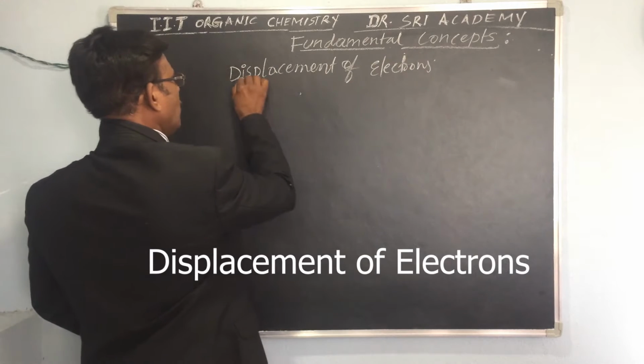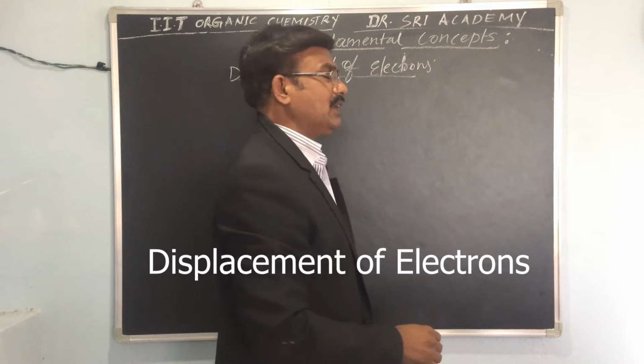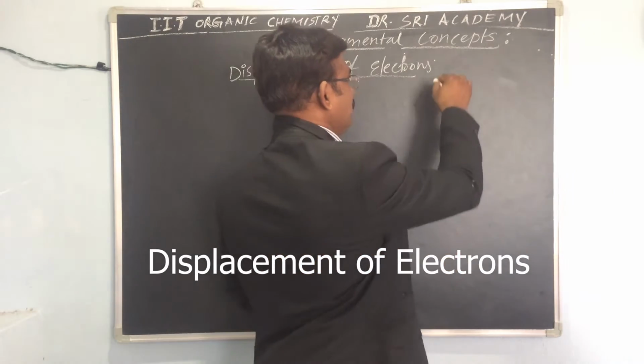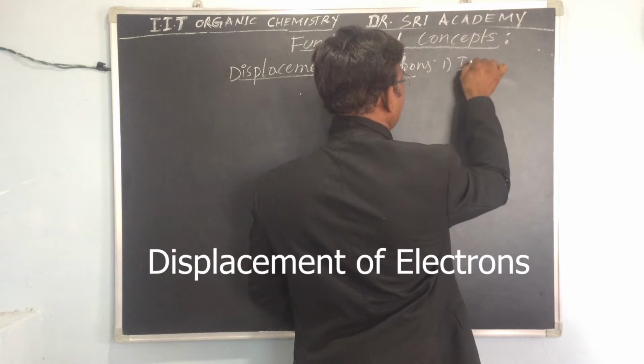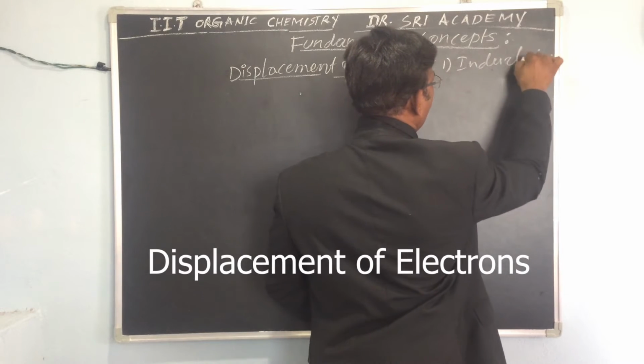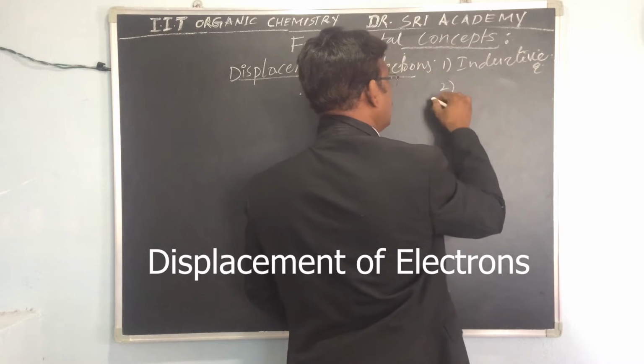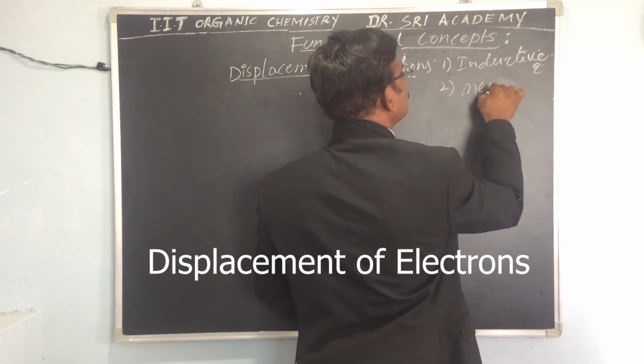In this, four types of displacement of electrons are there. The first one is the inductive effect, and the second is the mesomeric effect.